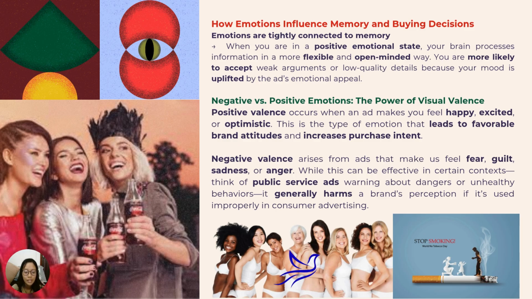And a negative valence example are smoking cessation ads showing graphic images of health risks and triggering fear and discomfort, but it works to discourage a negative behavior. However, negative valence in regular brand advertising, for example, fear-inducing car ads, can leave a bad taste and diminish brand appeal.